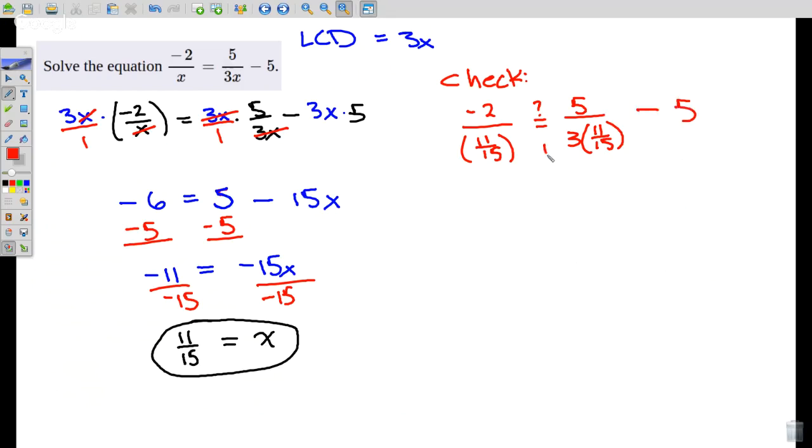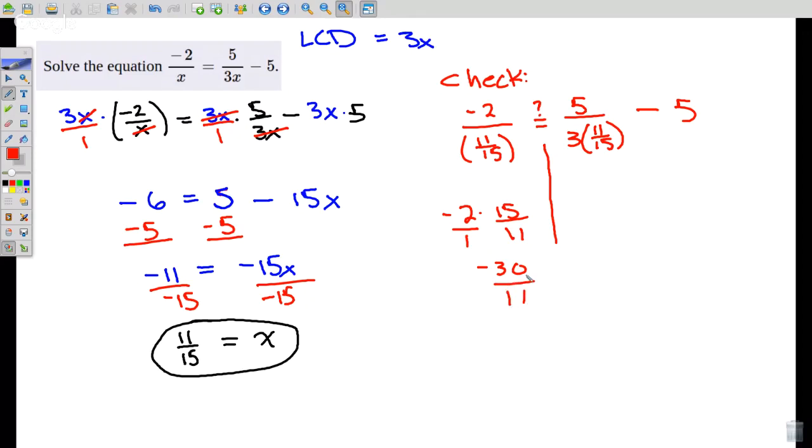All right, left side. Dividing by a fraction is multiplying by the reciprocal, so that should be -2 times 15 over 11. Doing that as -2 over 1, nothing cancels here, so I have to multiply. -2 times 15 is -30. 1 times 11 is 11.